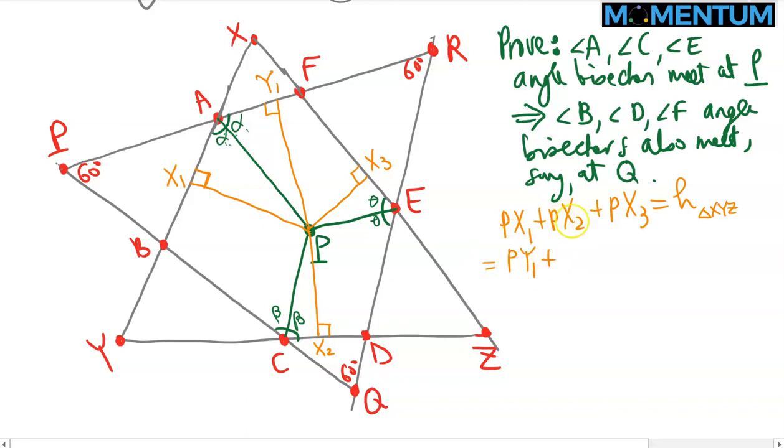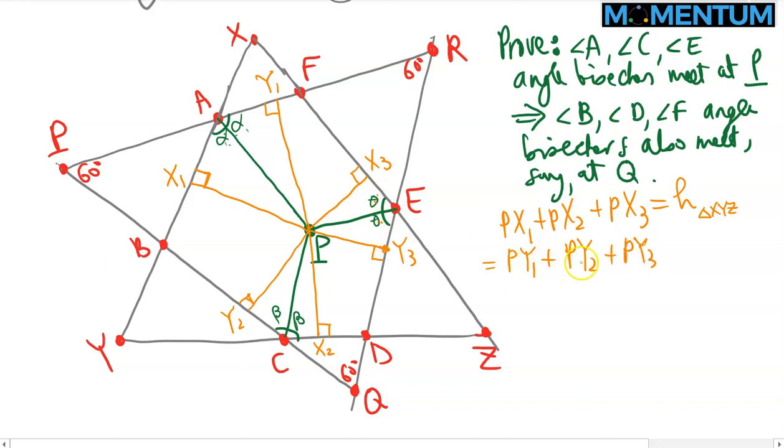On the other hand, if you focus on Px2, it's where the C angle bisector is. So if I drop a perpendicular to that side and I label this as y2, then clearly Px2 is equal to Py2. And lastly, Px3, because it's an angle bisector at E here, that's the way we defined the point P. And if I label this point as y3, that's just Py3.